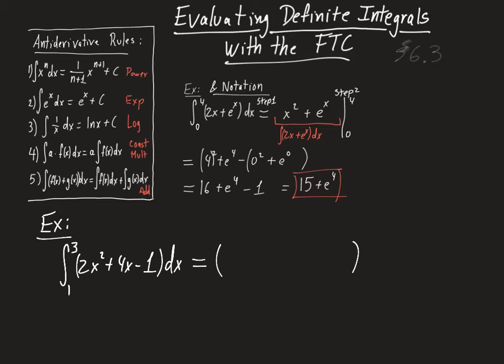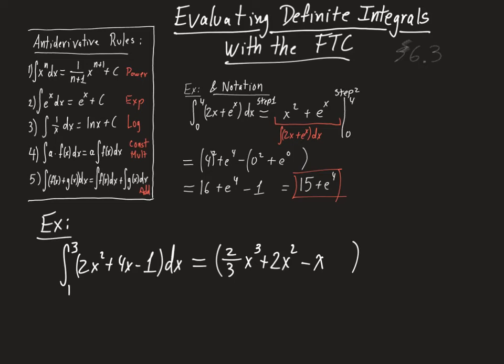The integral of 2x squared is going to become 2 over 3 x to the third power. The integral of 4x is going to become 2x squared. And the integral of negative 1 is going to become negative x.